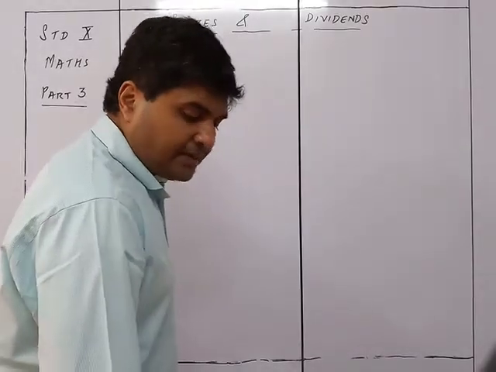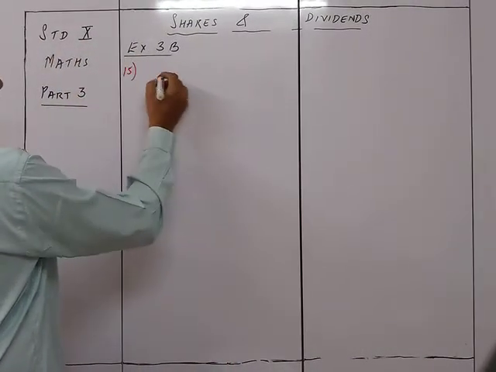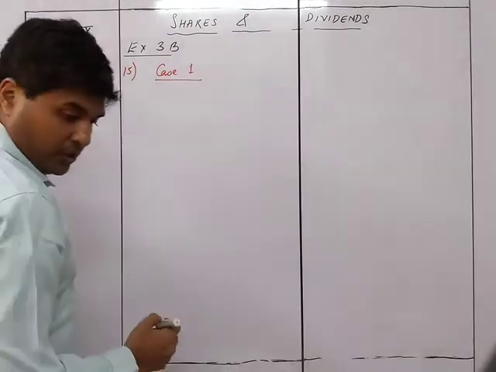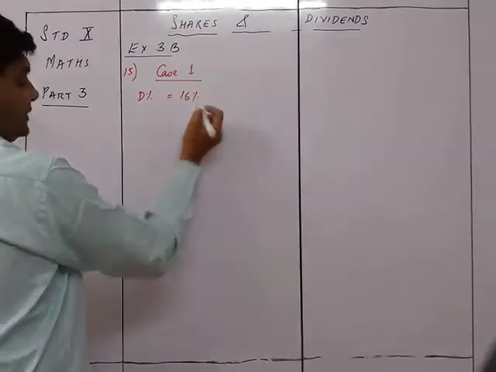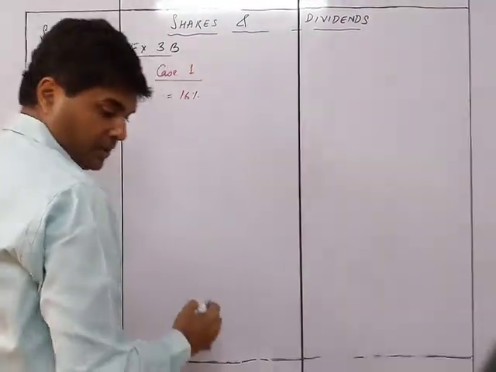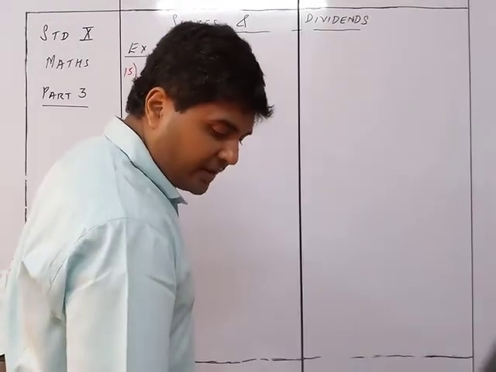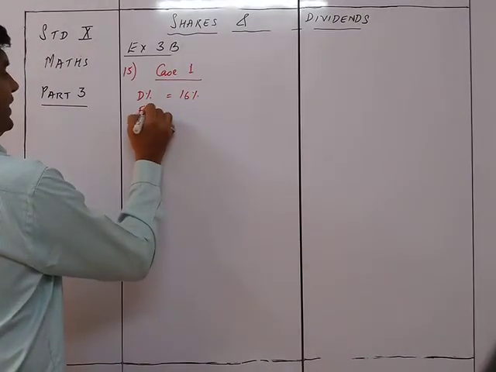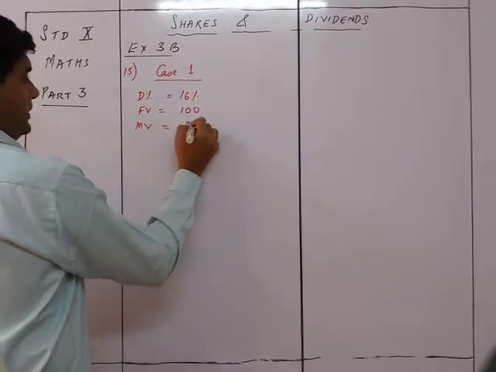Now, which is the better investment? So we have got over here sum 15, better investment. So case 1 is you are given dividend percent is equal to 16%, wherein 16%, rupees 100 shares at 80. So FV is equal to 100, MV is equal to 80.